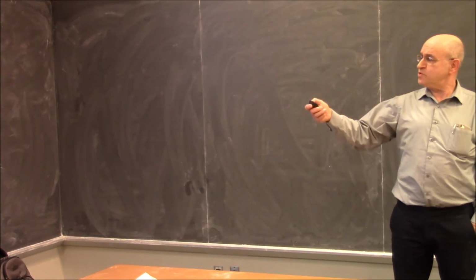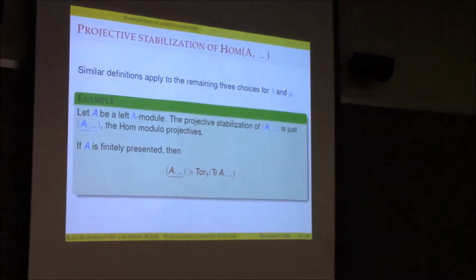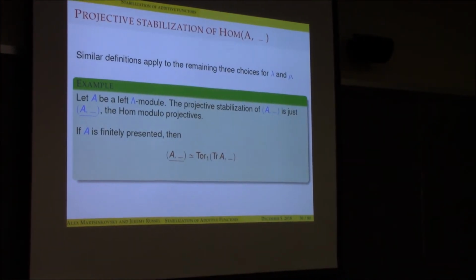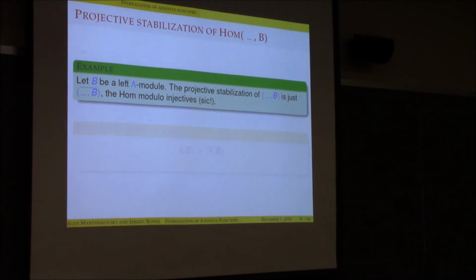So it turns out that the projective stabilization of the covariant Hom functor is just Hom modulo projectives. Now, when you try to compute the projective stabilization of the contravariant functor, well, lo and behold, it's Hom modulo injectives. Yeah, it sounds crazy, but that's how it is.